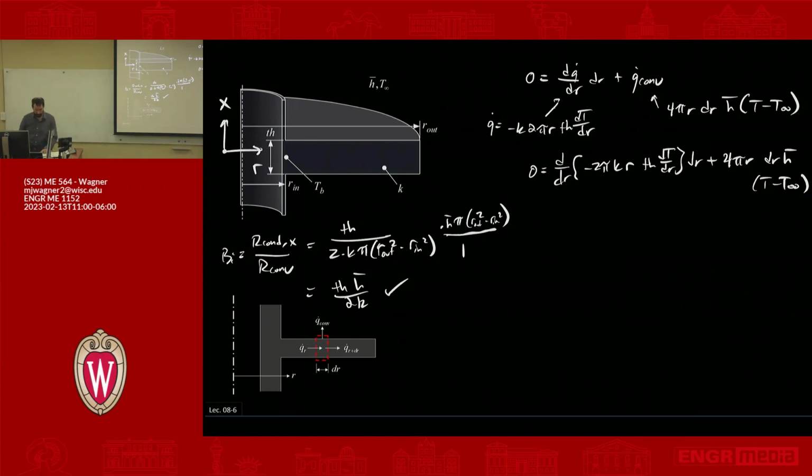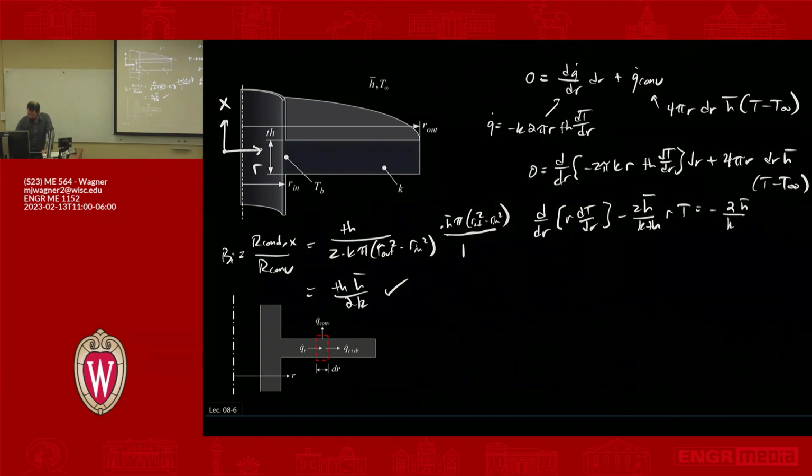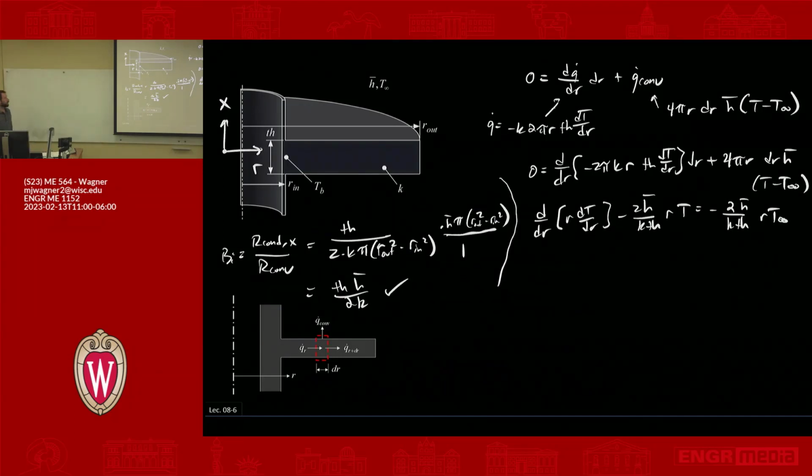And we have then a simplified equation written in standard form, which would be something like the following. d/dr of r dT/dr minus 2 h bar over k thickness times r times T is equal to minus 2 h bar over k thickness times r T infinity. Sorry, let's separate these out. So there's our governing ordinary differential equation in temperature.